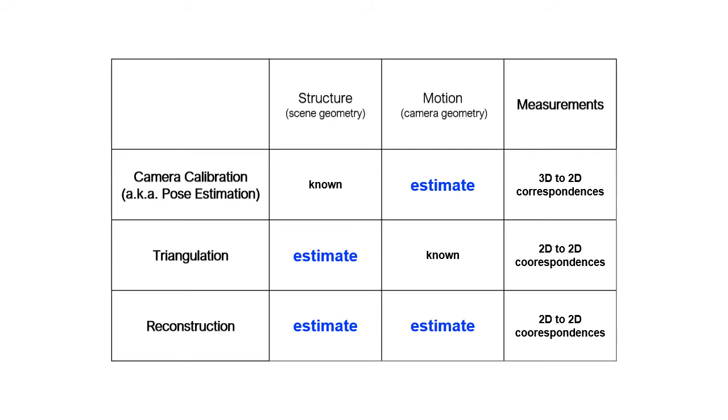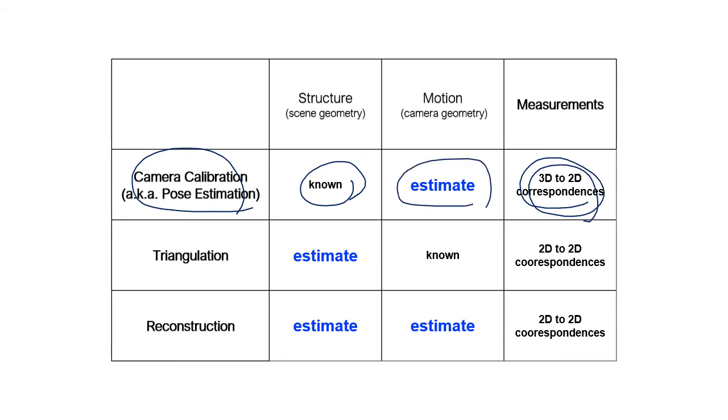This table shows the difference between camera calibration, triangulation, and reconstruction. And this camera calibration, also known as pose estimation. For this camera calibration, we assume that structure or scene geometry is already known. So by measuring the 3D to 2D correspondences, we estimate motion, or we estimate camera geometry, P matrix, camera matrix.